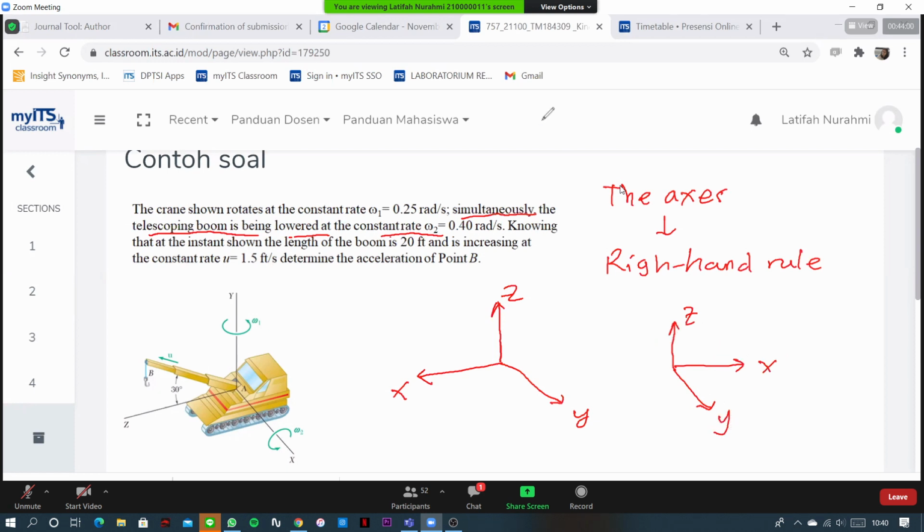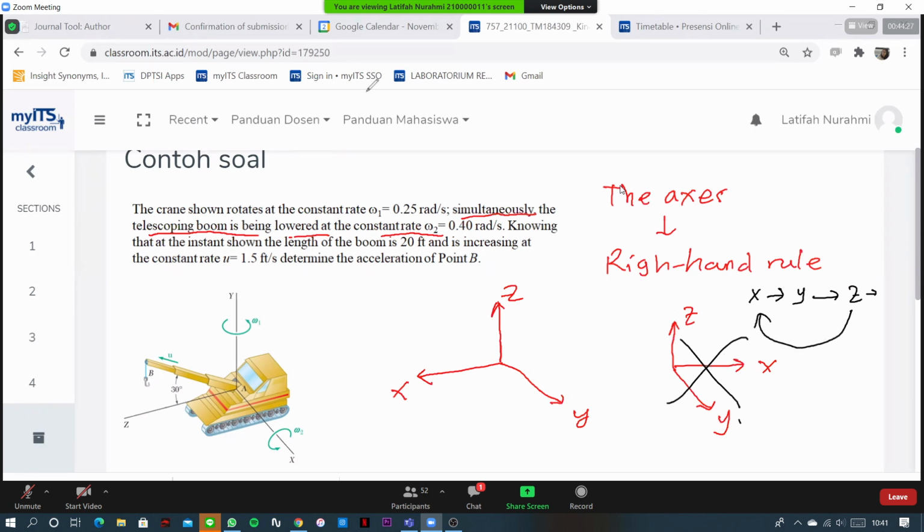This is completely wrong. Because if you rotate X and Y, always the rotation is starting from X to Y, and then Y to Z, and then come back Z to X. This is right hand rule.